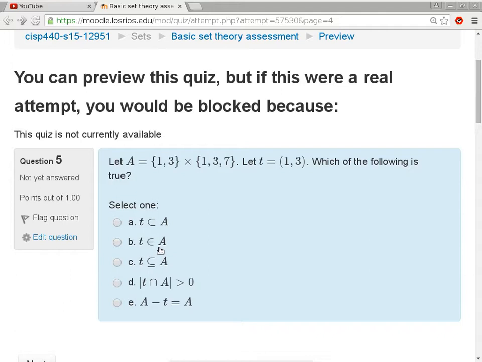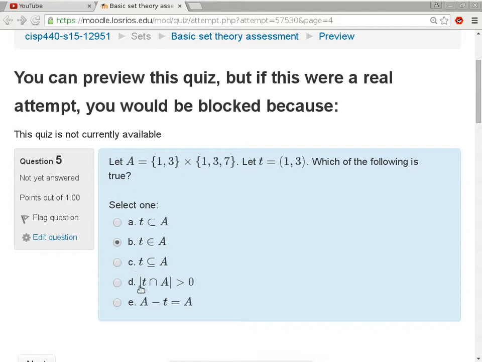Yes, it is. But just to be sure that I'm not missing anything, we'll consider all of the other options. C cannot be true for the same reason that A cannot be true, because lowercase t is not a set. Because it is not a set, it cannot be a subset or a proper subset of another set. So C cannot be true.